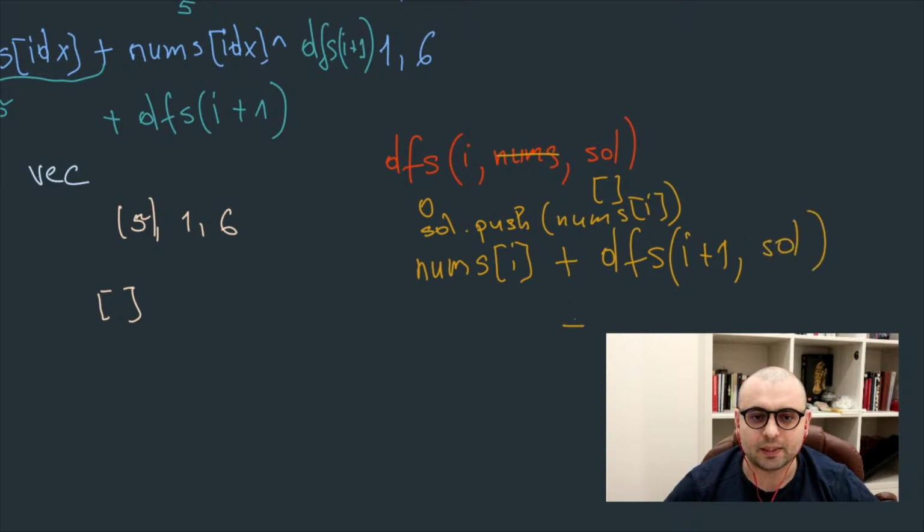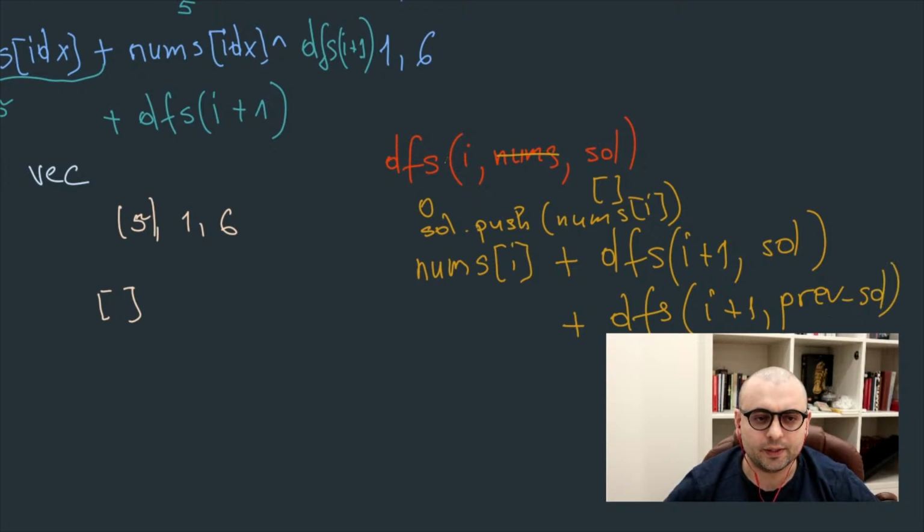But at the same time, we need to go next to DFS and not include this, I plus 1, and the solution, which was the previous solution.